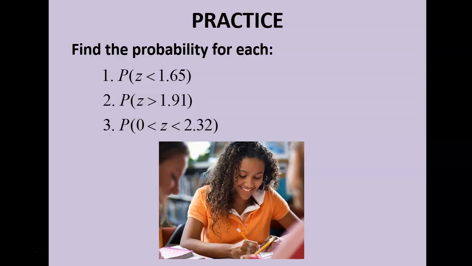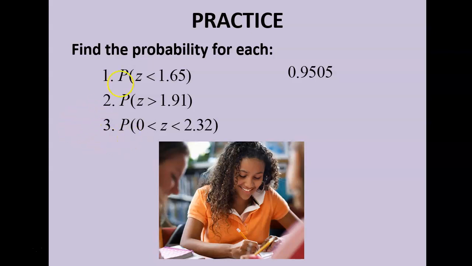Okay, so for number 1, we looked at the area to the left of 1.65, and hopefully you remember that means we're going to use the value from the table. So we look up 1.65, and we take that value. It's 0.9505. Now remember, make sure you're looking at the positive 1.65, and that will give you 0.9505.